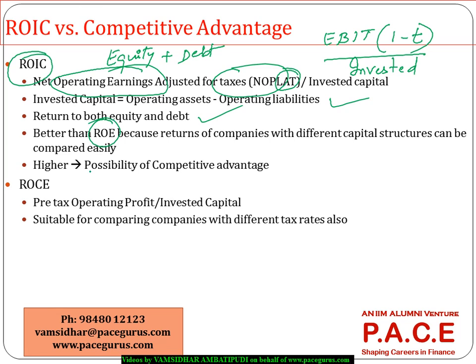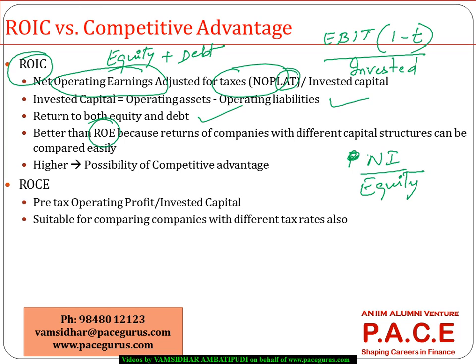In some cases, people prefer it much more than the ROE. ROE is a return on equity only, for the equity capital, so generally looked at as net income divided by the equity capital.